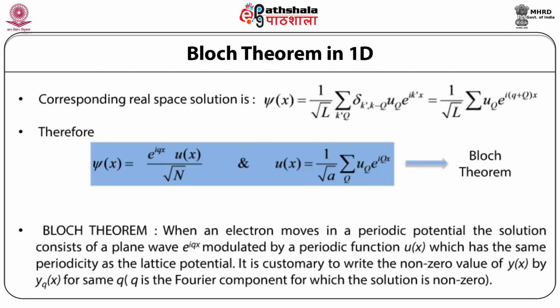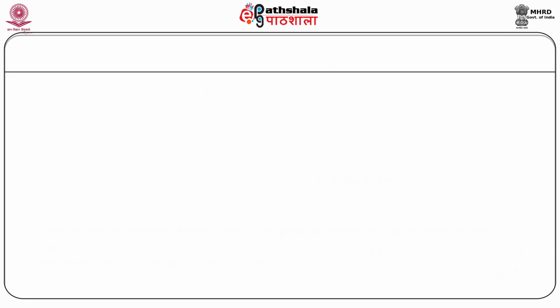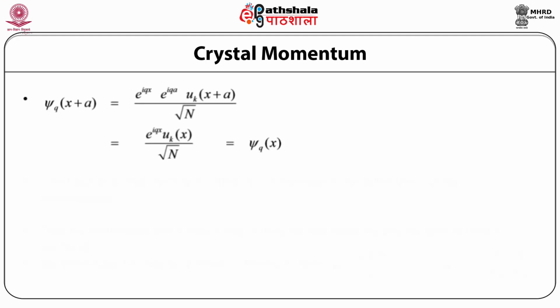It is usually customary to write the non-zero value of phi x as phi q x for same q. Q is the Fourier component for which the solution is non-zero. So now let us see what phi q at x plus a becomes. So you add a to x.